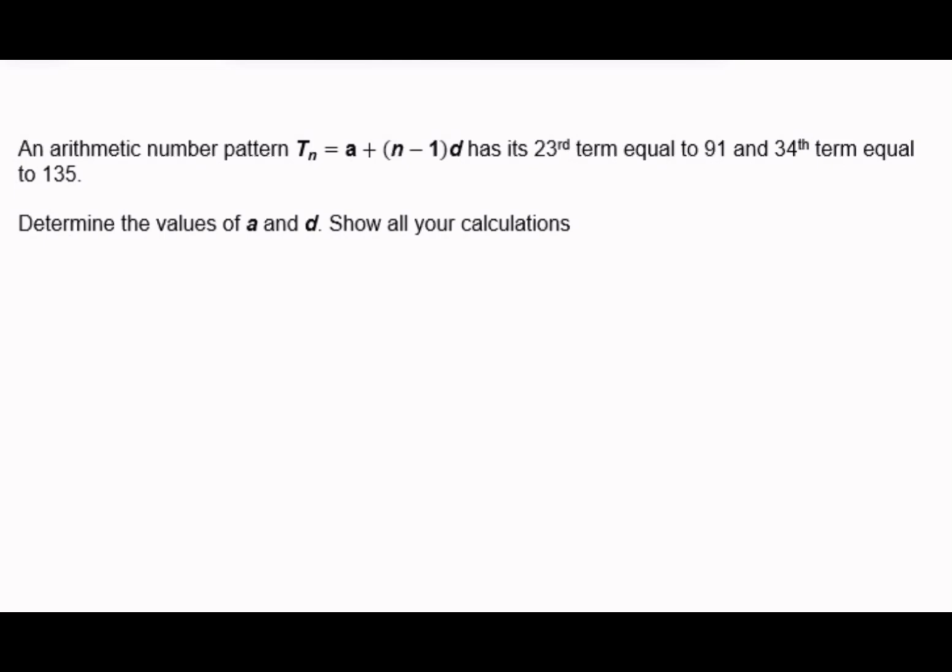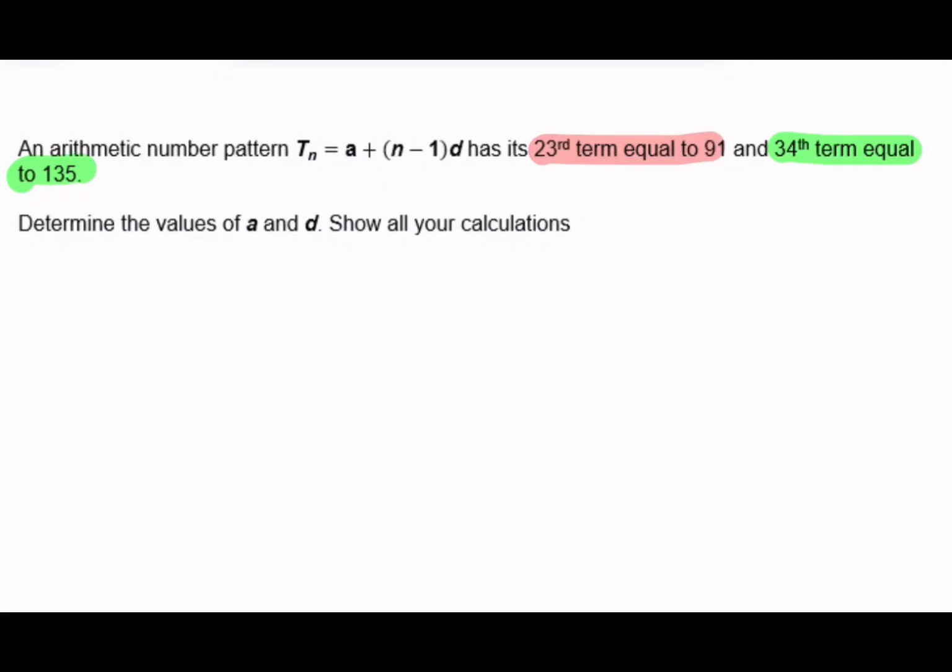Okay, so let's read the question here. An arithmetic number pattern, Tn equals a plus (n minus 1)d, which we know, of course, is arithmetic, has its 23rd term equal to 91, and we're also told the 34th term equals 135.